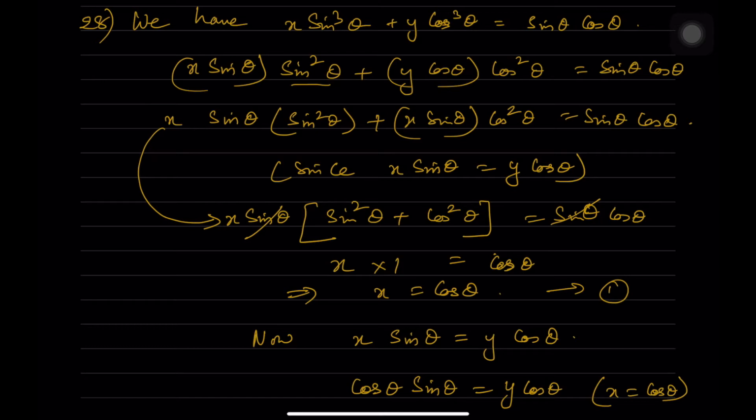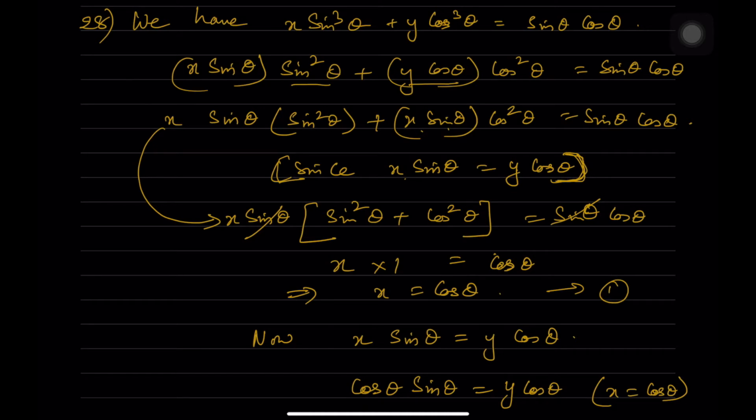Now, given that y cos theta is equal to x sin theta, this condition is given to us from the question. So therefore, in the place of y cos theta I wrote x sin theta into cos square theta is equal to sin theta cos theta.